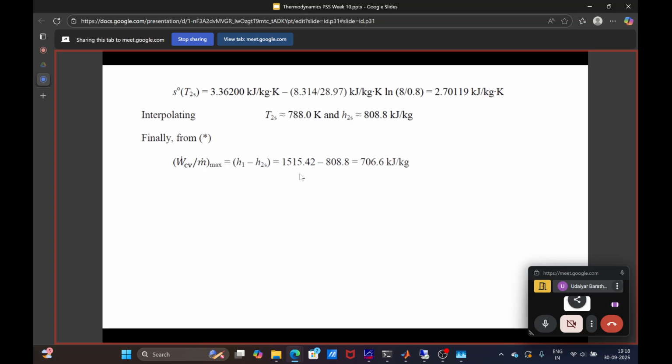Substituting the values, H1 is 1515.42 minus H2s which is 808.8, we get the work to be 706.6 kilojoule per kg of air. So that is the maximum work which can be generated in the turbine.